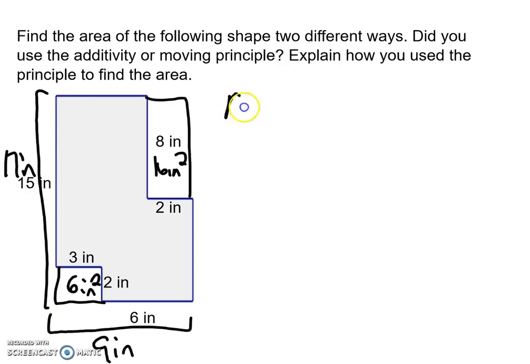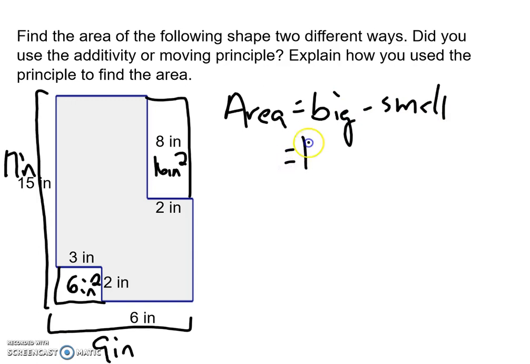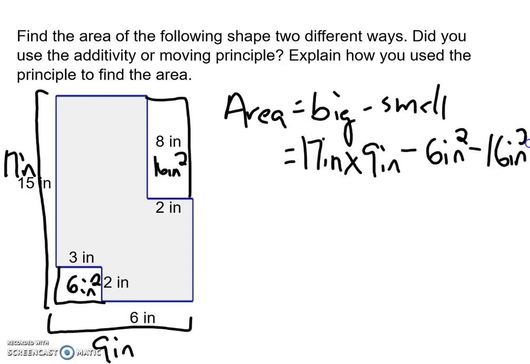So we know that one of the ways we can find area is to do the big rectangle minus the small pieces that are missing. So that would be a 17 inch by 9 inch rectangle minus the little square, which was 6 square inches, minus the 16 square inches.